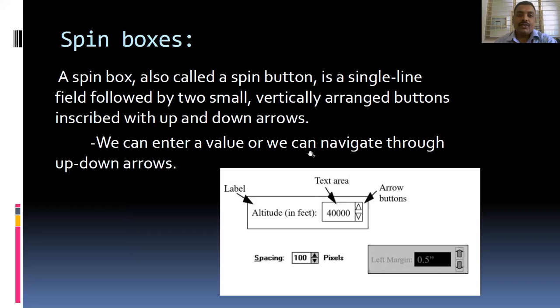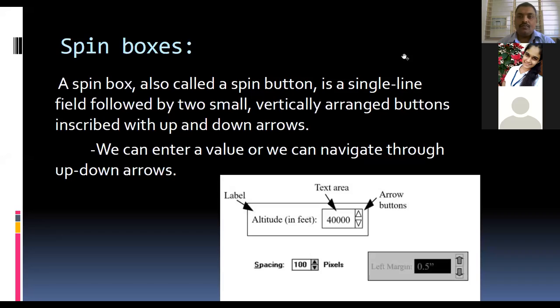Next, this is the same spin box. This is the example. One type of spin box example appears on the screen where you can select the feet. How many feet are there in altitude?